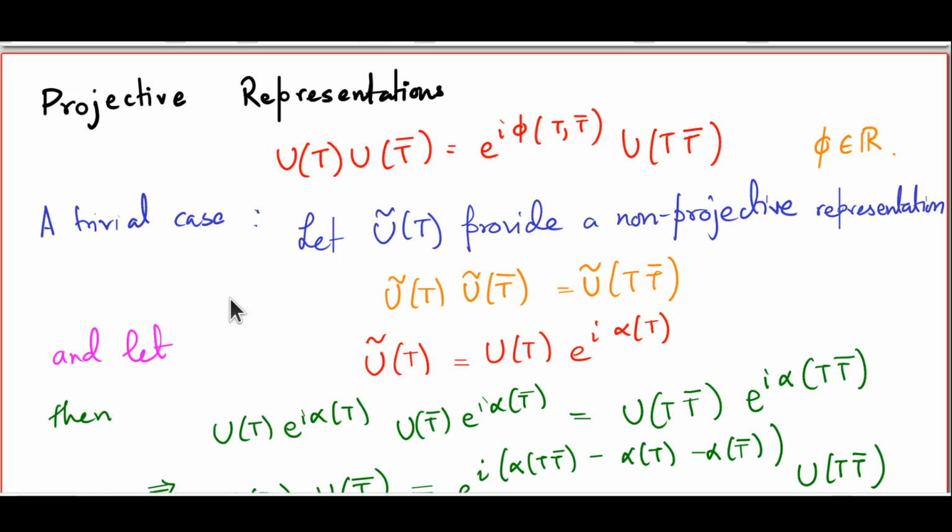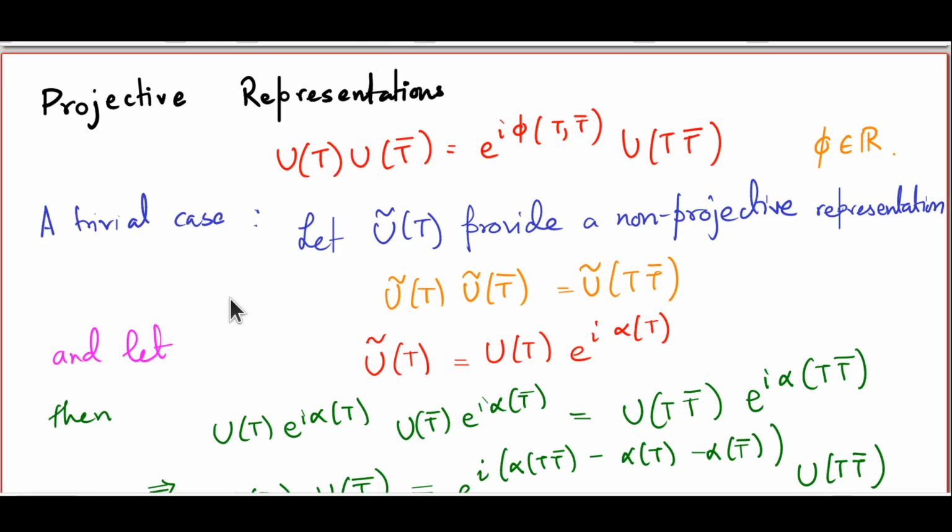In order to understand what this trivial projective representation means, let us start with a situation where you have a non-projective representation to begin with. Let U tilde T correspond to a non-projective representation, that is U tilde T times U tilde T bar is actually equal to U tilde T T bar without any phase factor.